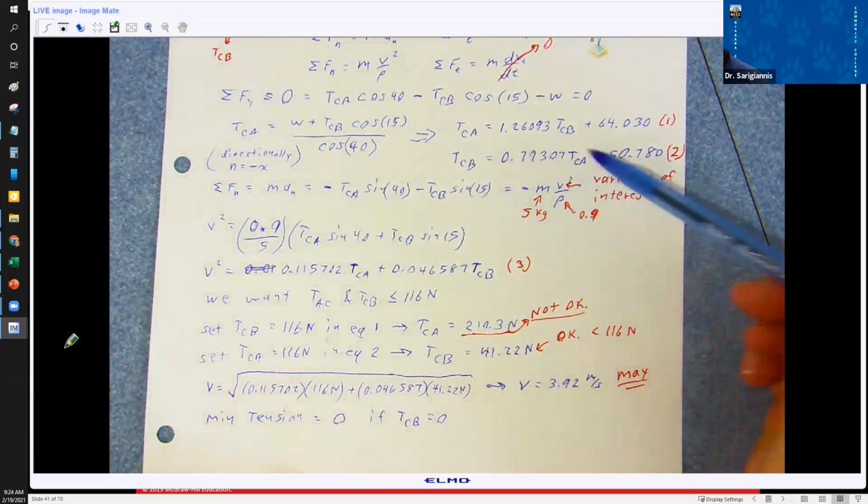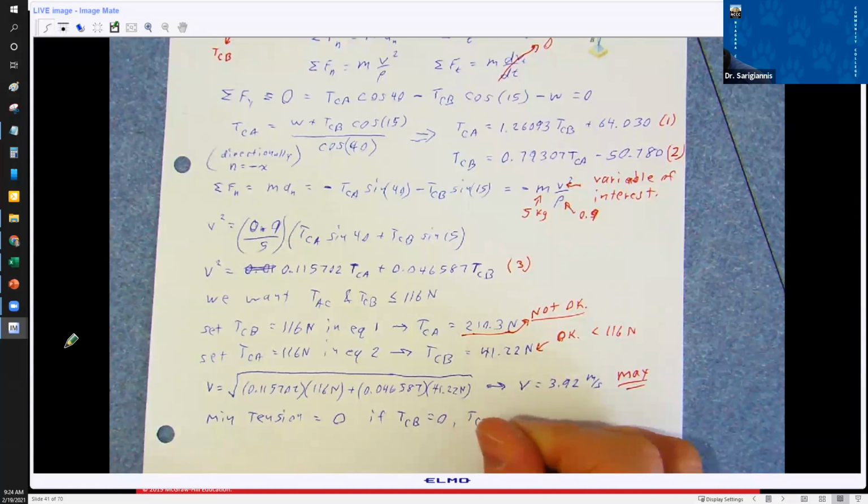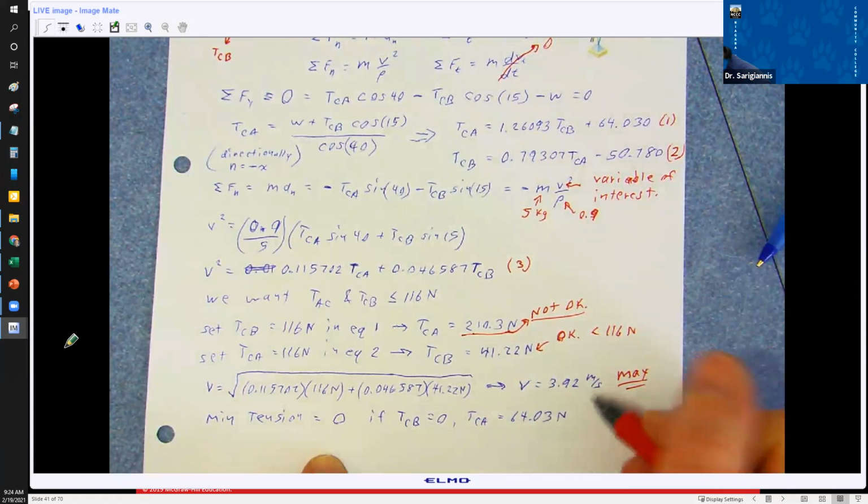So let's plug that in over here. If TCB is 0, TCA equals 64.03 newtons. Right, this is from, make a little note here, from equation 1.